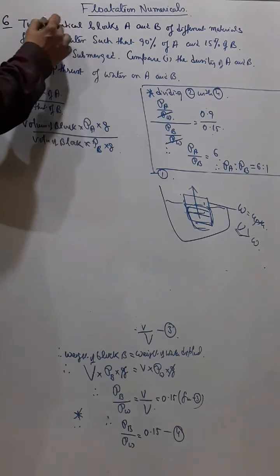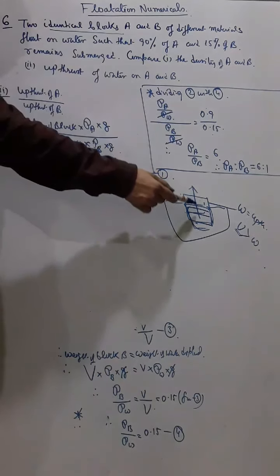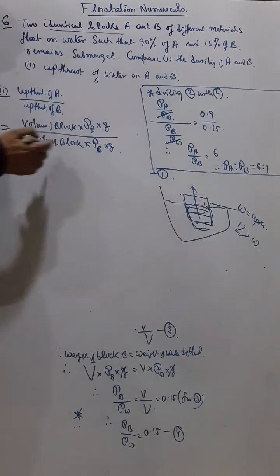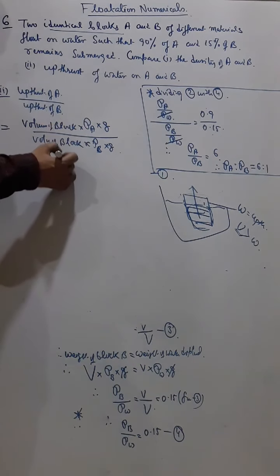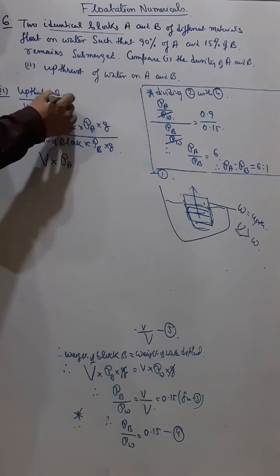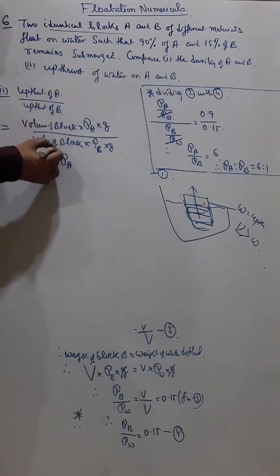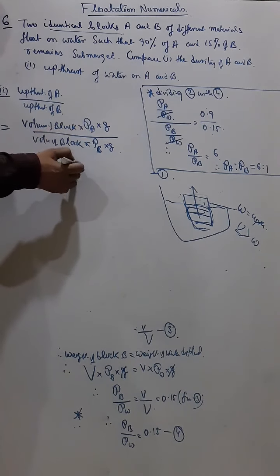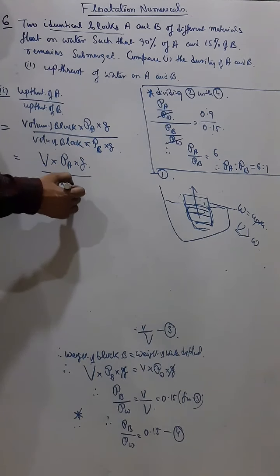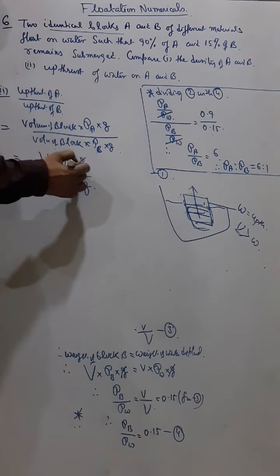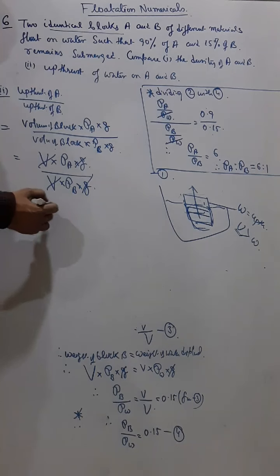Since they are identical blocks, their actual volume is the same, V. Then the upthrust of A by the upthrust of B is equal to V into density into g for A, and V into density into g for B. So g and g get cancelled, V and V get cancelled.